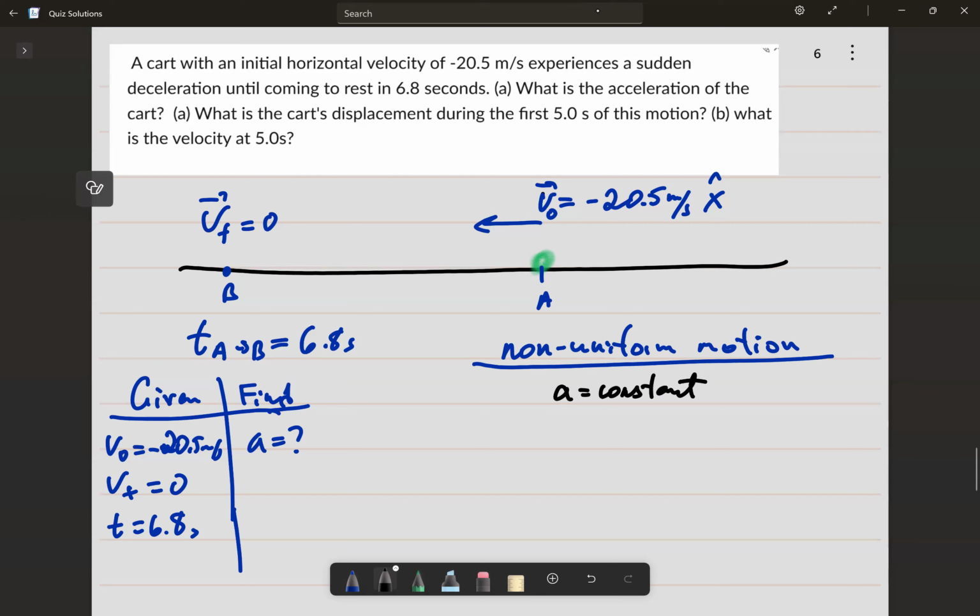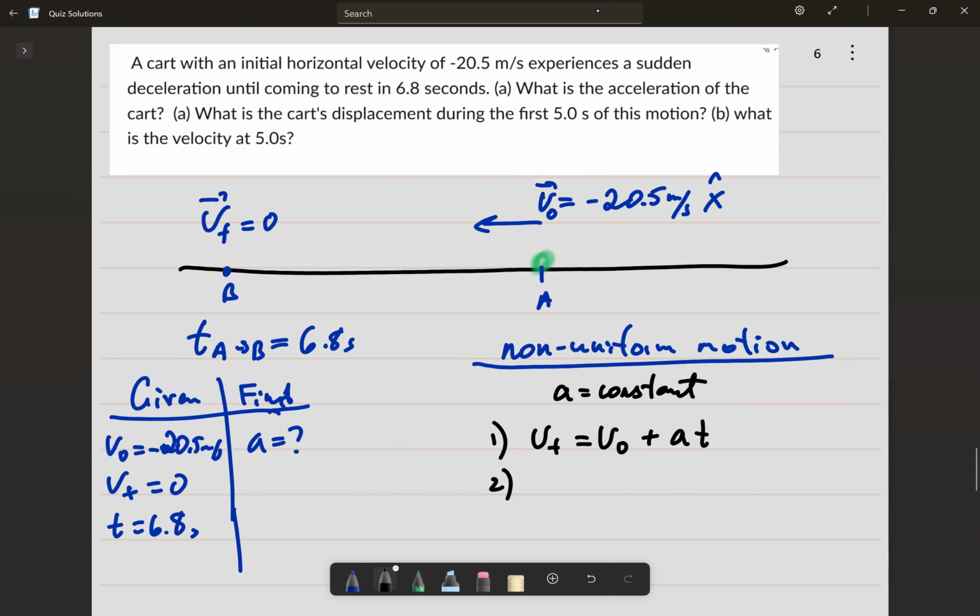And the idea is, if you have a constant acceleration, non-uniform motion in one dimension, you have those four kinematic equations. Let's write them down again. Equation 1: final velocity equals initial velocity plus acceleration times time.